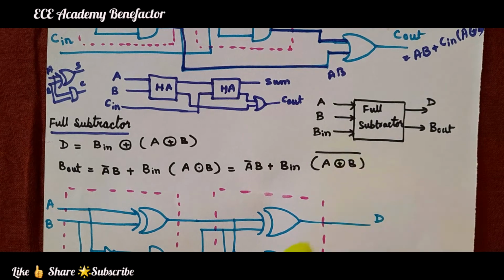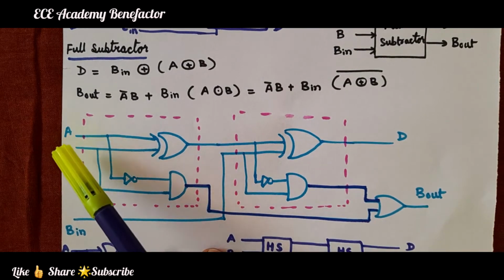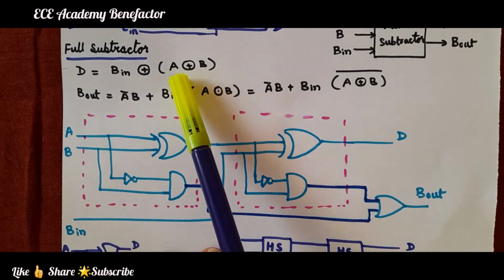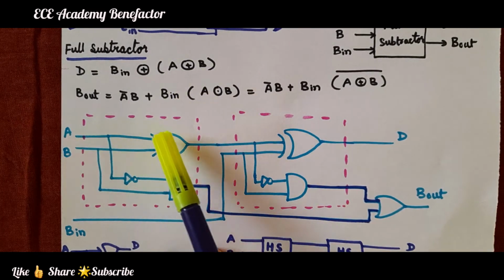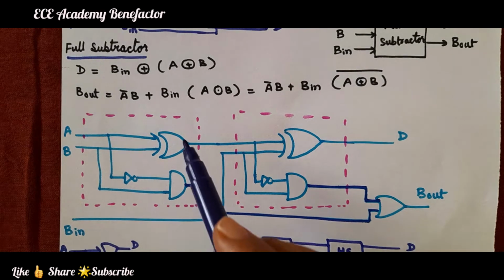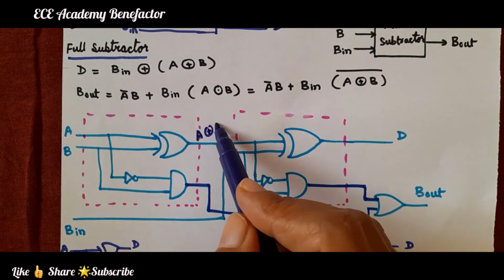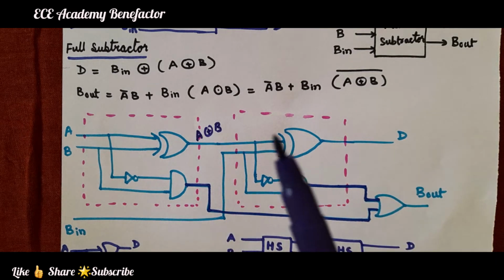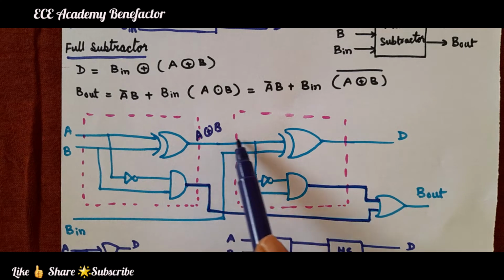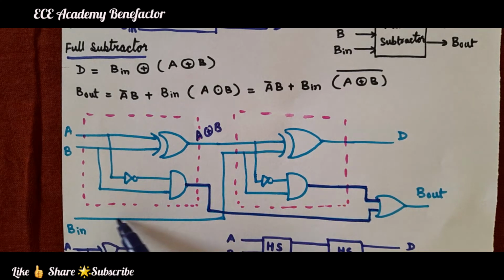Okay, so let us now draw the diagram. The three inputs are A, B, B in. To get the term A XOR B, we give them to the first XOR gate. What we will get here is A XOR B. Now this A XOR B goes to another XOR gate along with B in.